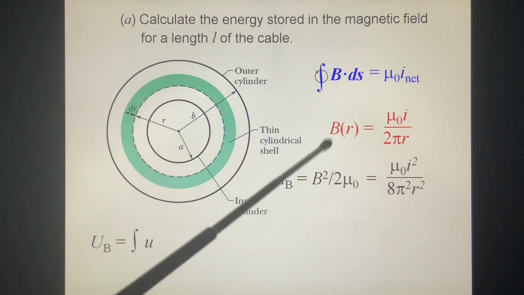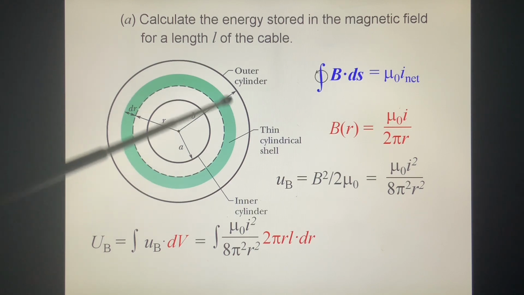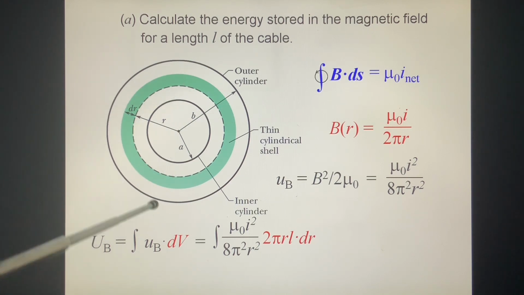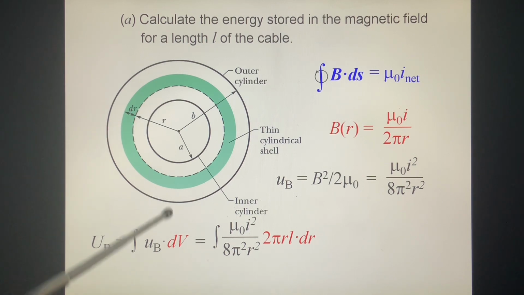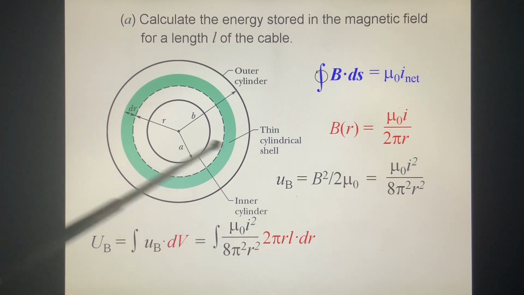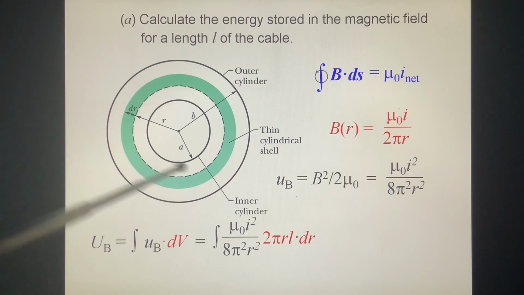So when we find the total stored energy, we have to use integration. We take this small cylinder, the radius is r, the length is L, and the thickness is dr. So dV equals 2 pi r L, the surface area of this cylinder, multiplied by dr.